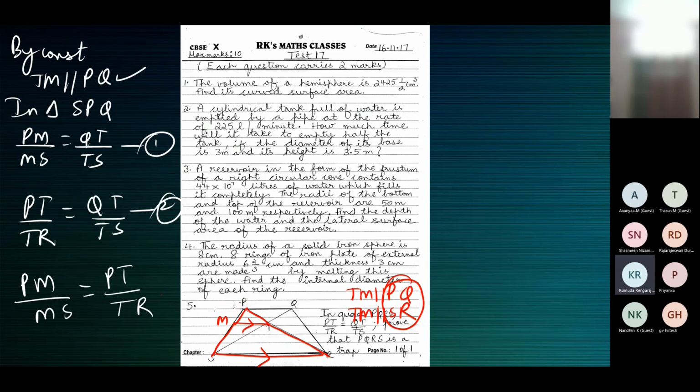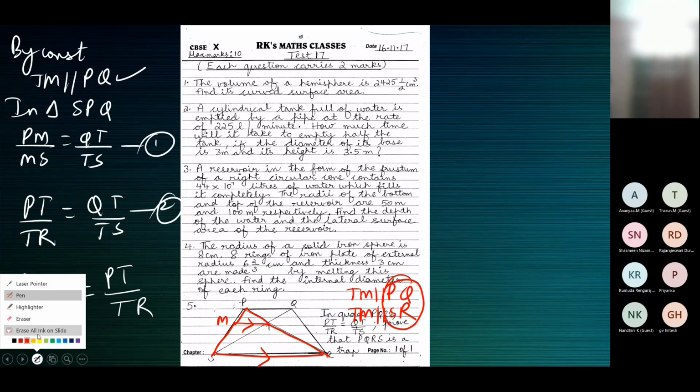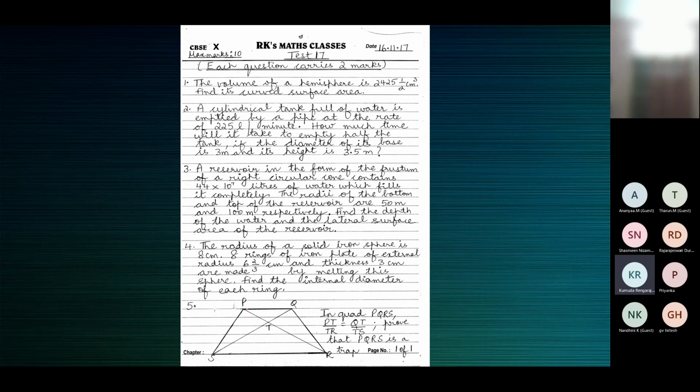Now, let's try to understand using the property of similar triangles. Take up the triangle PTQ and the triangle TRS.